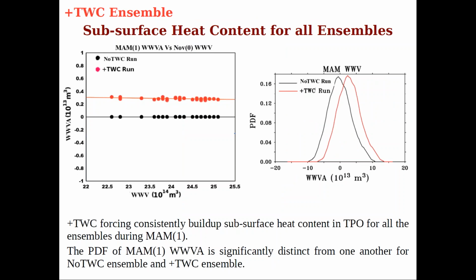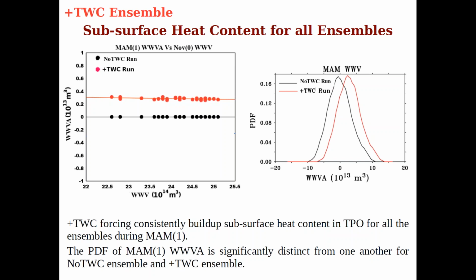So now I show how the subsurface heat content looks for all the ensembles. This is the warm water volume anomaly for all 31 runs.